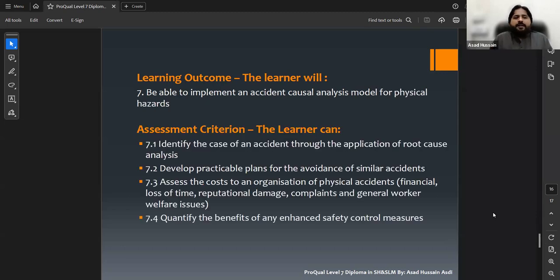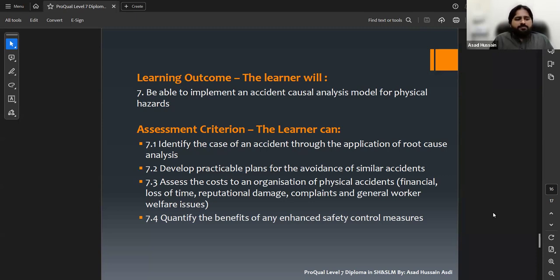Here we see 7.1: identify the cause of an accident through the application of root cause analysis. Basically, you are managing health and safety at your workplace, and people are keen about their health and safety, and organizations are working on that and investing in health and safety management, but there is still a chance of accident.